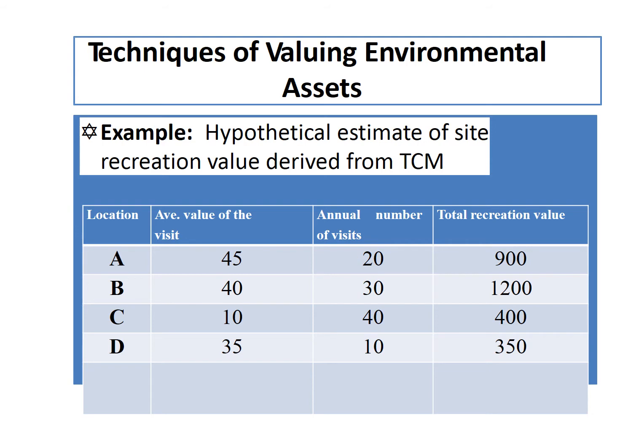Then the total recreation value of that site is about 900, whatever currency you want to use. You can apply the same to B, C, and D. Okay, so this is how we can calculate the value of certain environmental goods, in this case the recreation site, using the travel cost method.